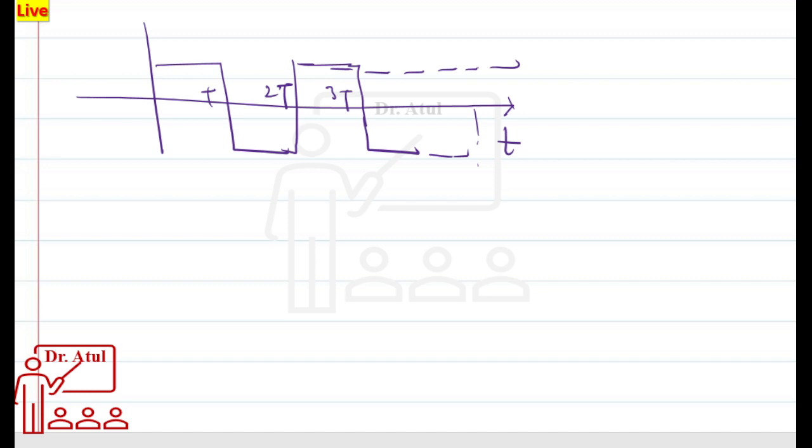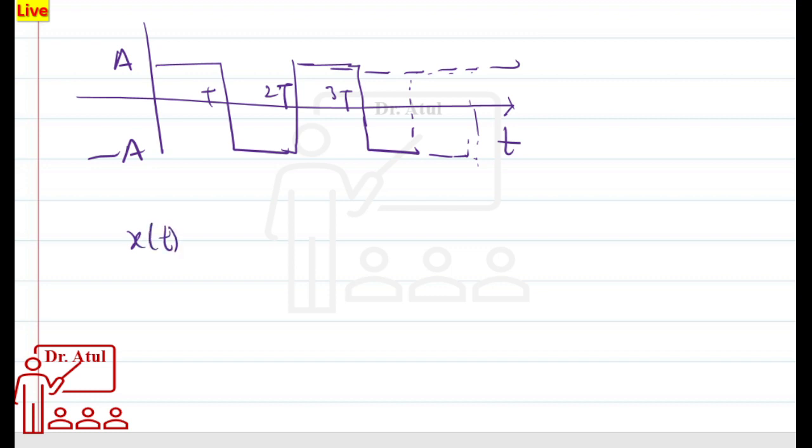Okay, so this is A and this is minus A. Okay, and this signal is continuous. This is continuing like a waveform. Okay, so what will be the representation for this?